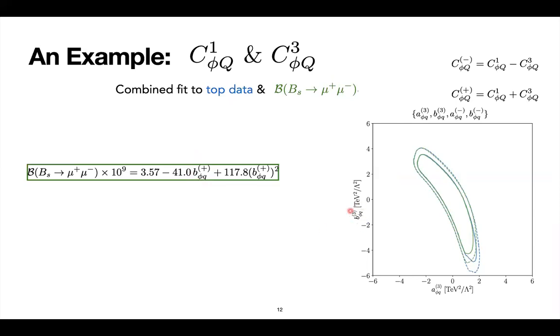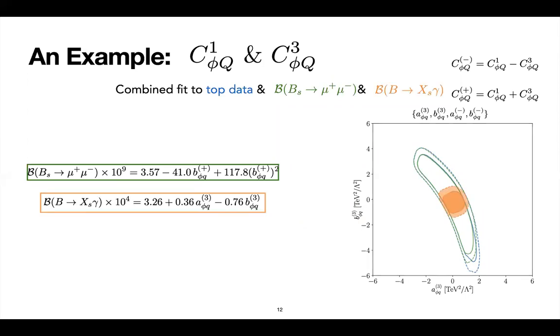So if we're looking at the projection on B3, there is always the direction in the B1, so the B1 direction where we can escape to. Basically, the B minus combination remains completely unconstrained by Bs to mu mu. And this is why nothing much changes by introducing Bs to mu mu in this projection here.